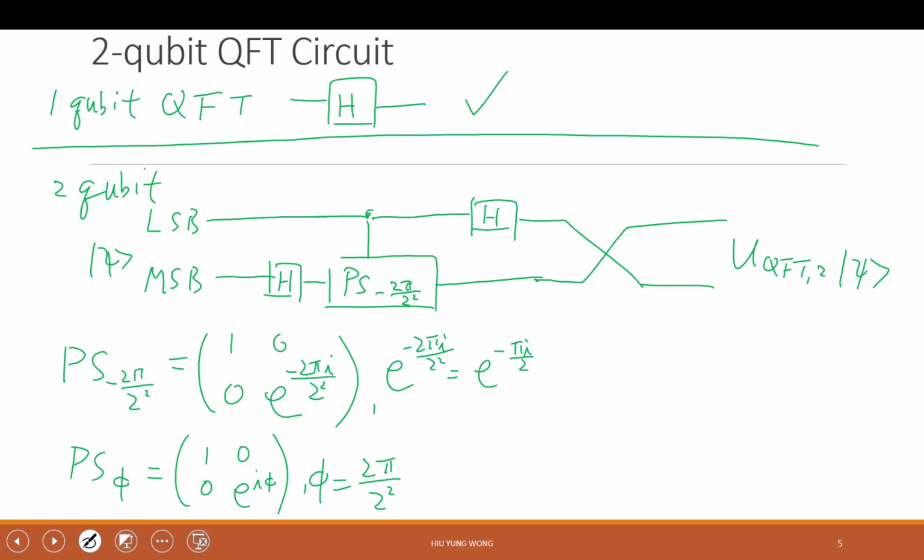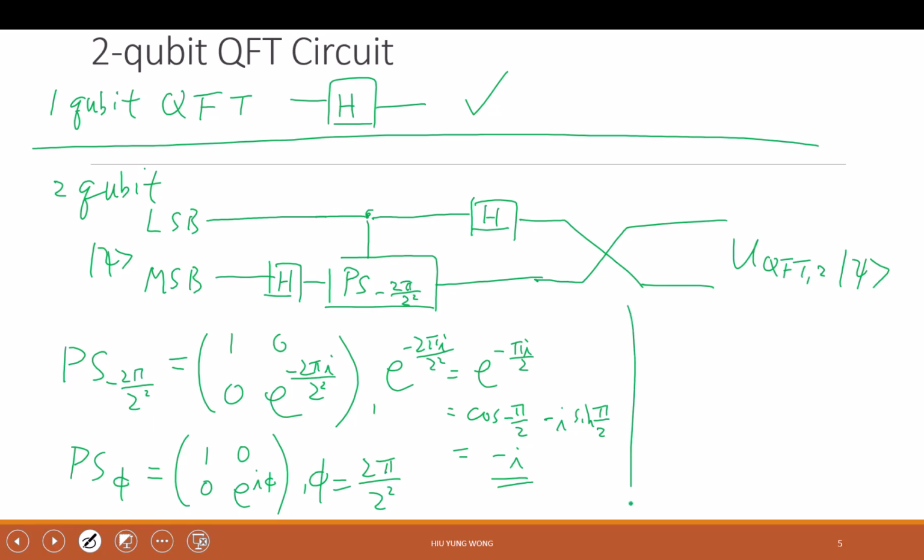There's a reason I will show you later. And what is this? This is cosine of negative pi over 2 plus i sine of negative pi over 2, which is equal to negative i. Am I right? It equals negative i. So that means the phase shift gate is 1, 0, 0, negative i.